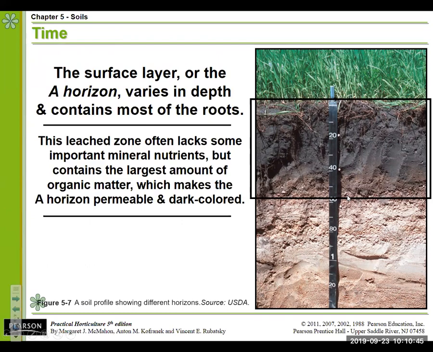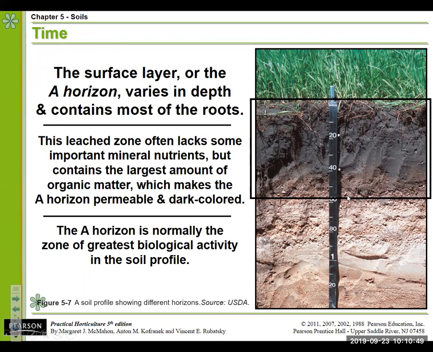We have the surface layer, the A horizon, which is going to vary in depth, especially if we have lots and lots of organic matter. We generally have deeper A horizons.